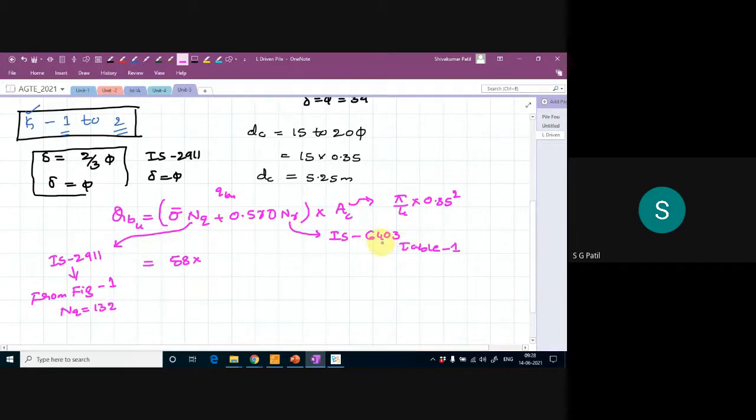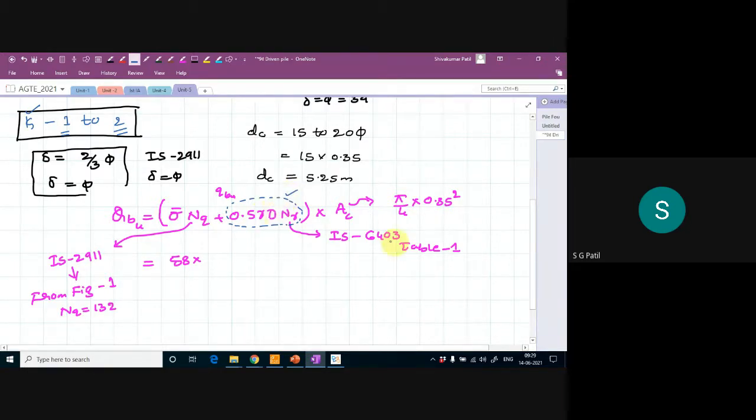And for N gamma, you can neglect this term if you don't want to calculate it. It is optional. Generally people neglect this, but IS 2911 considers this term also, so I have calculated by considering it. Stick to that.